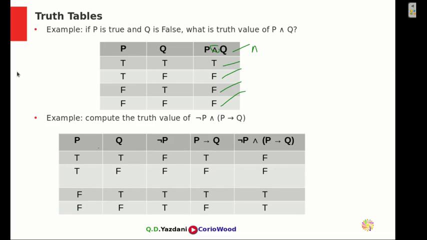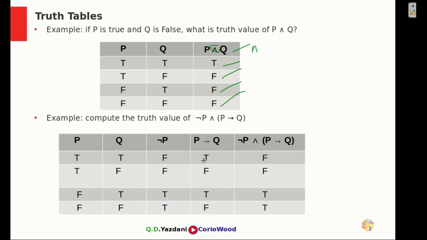So now we have P and Q, and we have not P. We're going to put 2 T's and 2 F's here, and the T and F here. If P is true, then not P is false. If P is false, then not P is true.